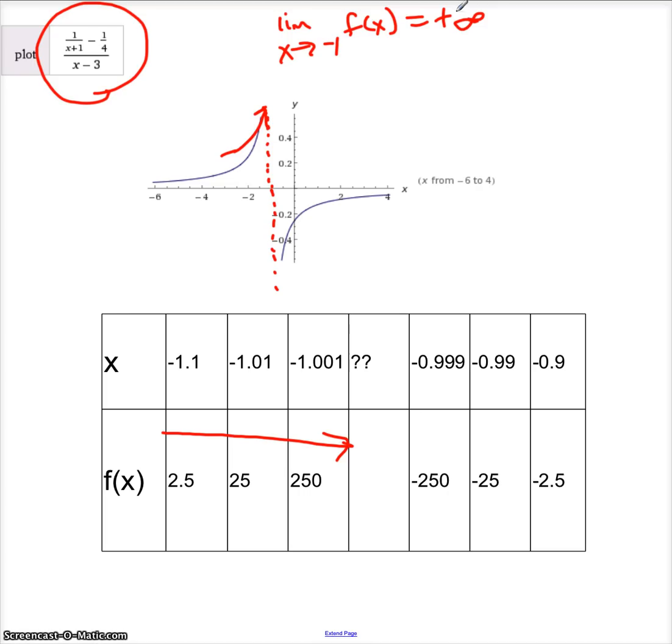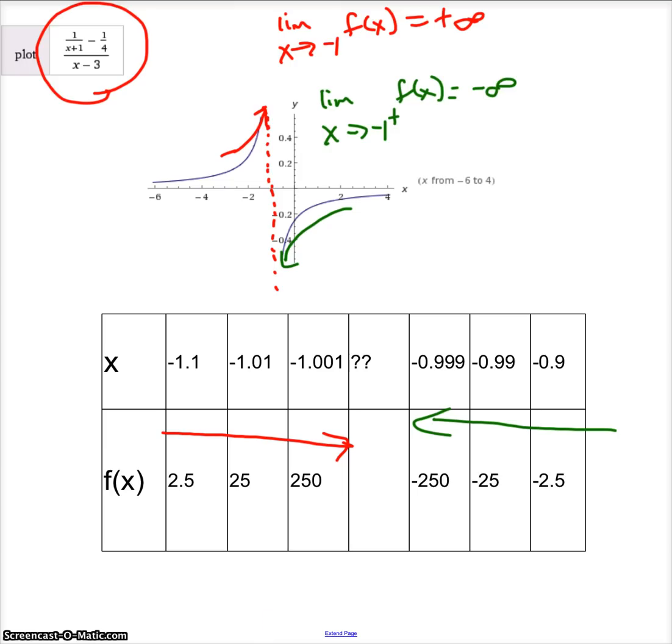It is a representation of a concept that this is totally unbounded in a positive sense. If I look at it from the right, I can see numerically and graphically it shoots off to negative infinity. So the limit as x approaches -1 from the right of f of x is negative infinity.